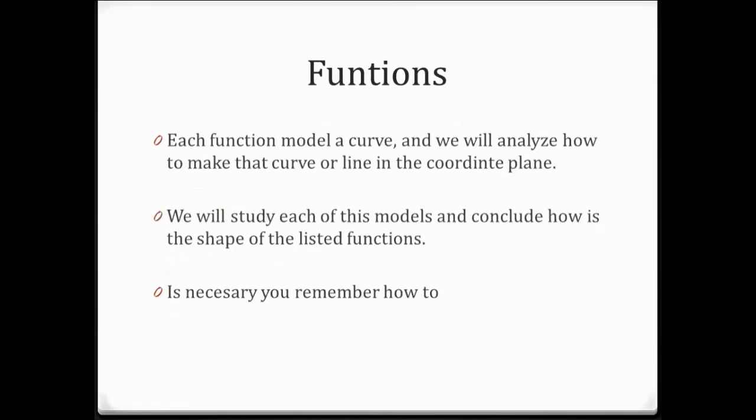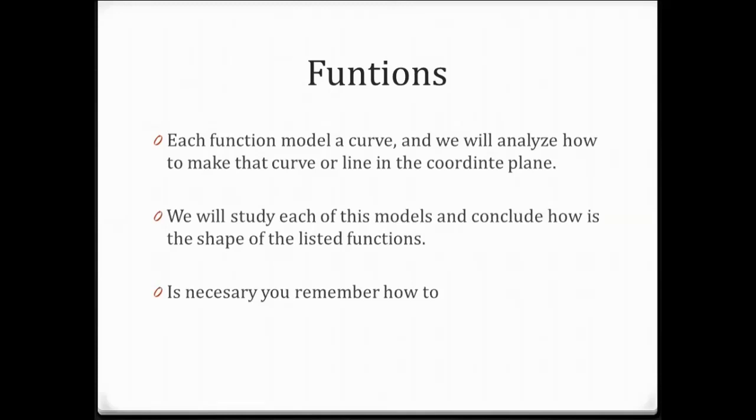Each function models a curve or a line. In this case, the linear function is the only one that is a line. We will analyze how to make the curve or line in the coordinate plane. That's for next class. We will study each of these models and conclude the shape of these 4 functions.